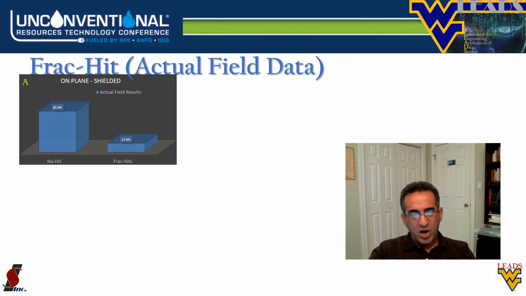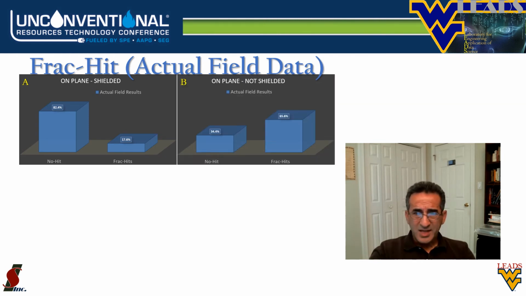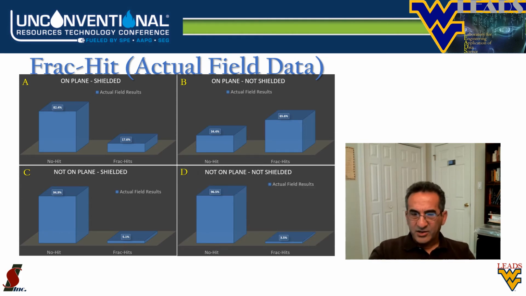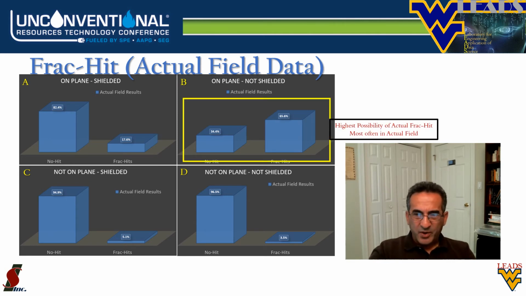As you can see, when it's on plane and shielded, the percent of FracHit is about 17%. When it's on plane but not shielded, you have about 66% FracHit taking place, and the other two are not on plane and shielded, and not on plane and not shielded, and you can see the amount of FracHits is very, very low. So this is the highest possibility of actual FracHit, and it happens most often in actual fields in our industry.